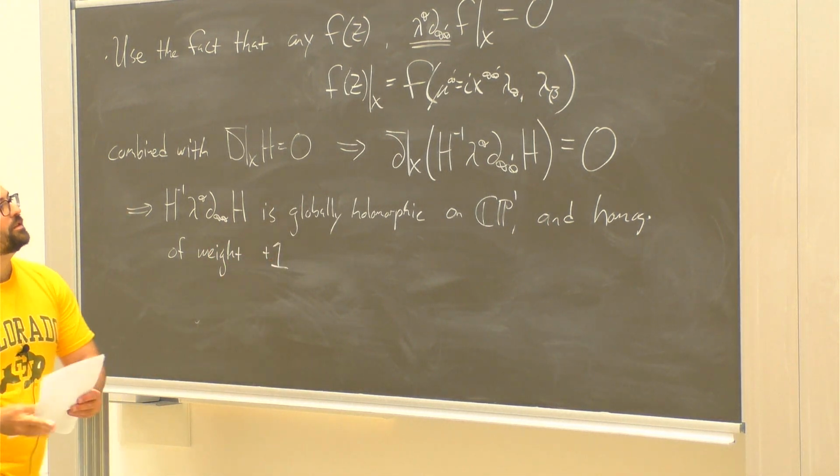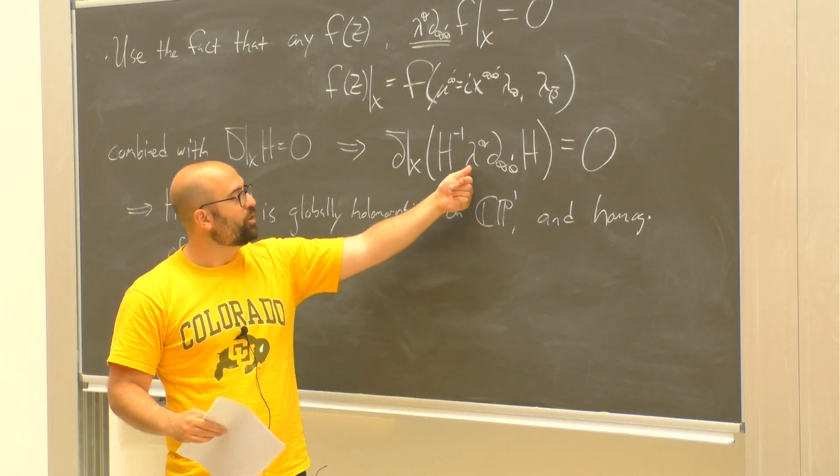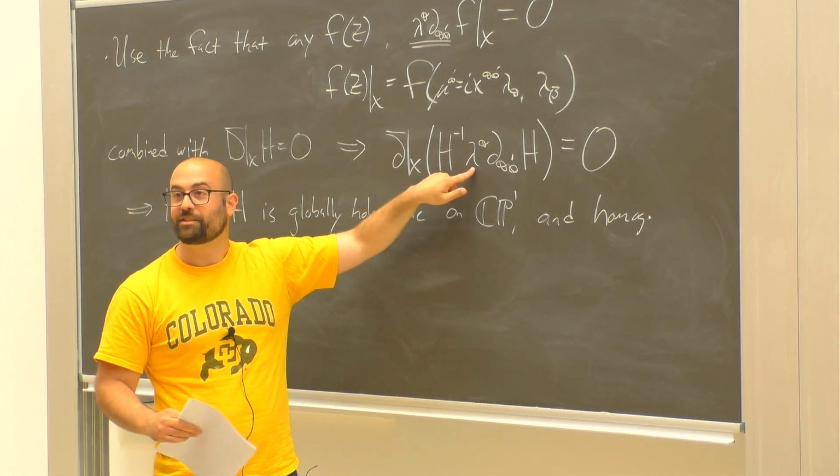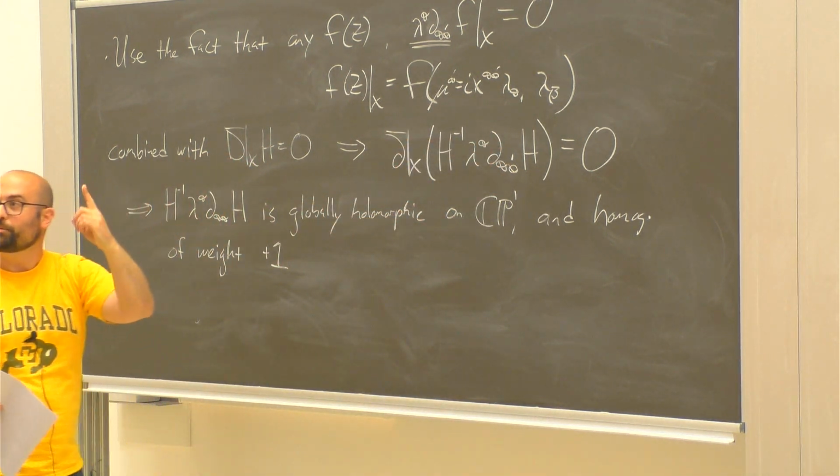So why? The H's are homogeneous of degree 0, as we argued before. And the only other thing that carries projective scaling is this lambda that we have here. So that means that this whole object is homogeneous of weight 1.